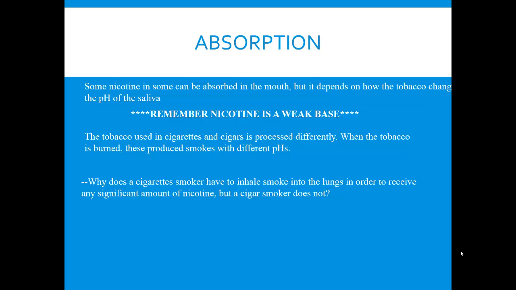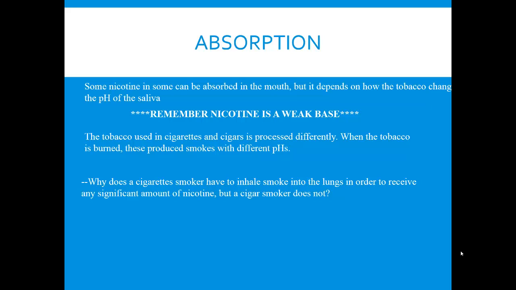The tobacco that's used in cigarettes and cigars is processed differently, and when the tobacco is burned, these produce smokes with different pHs. And so what we're about to talk about is why a cigarette smoker has to inhale the smoke into the lungs in order to receive nicotine, but the cigar smoker does not.